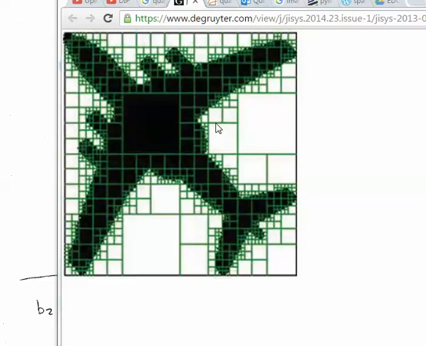I mean, for example, this square over here, it has black and white, and it's gonna be further divided in four pieces, and so on until we get to the point of what we see in this example. That is, each square contains either the foreground or the background, in this case for the airplane.